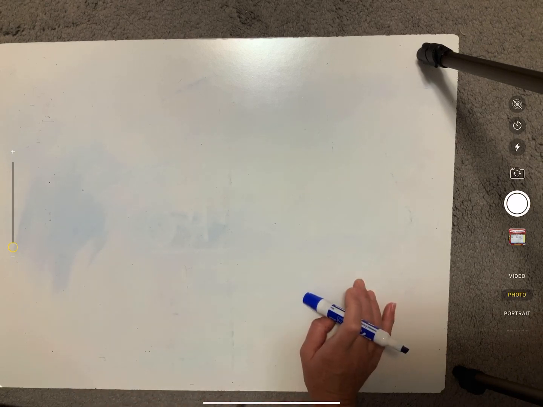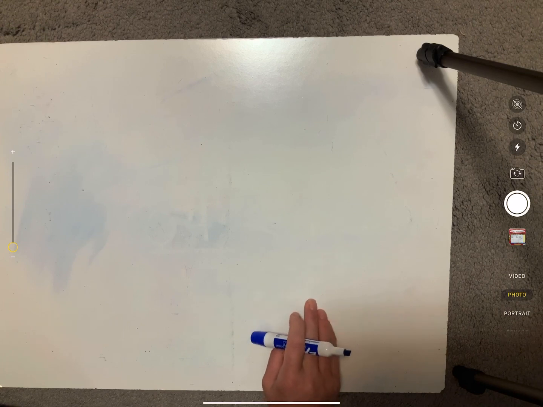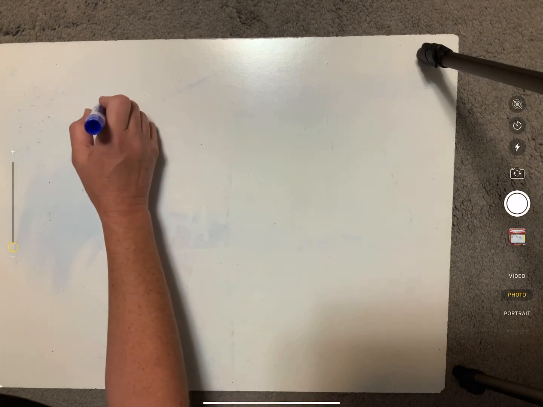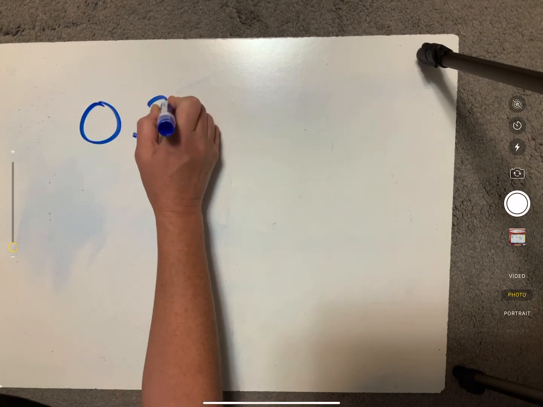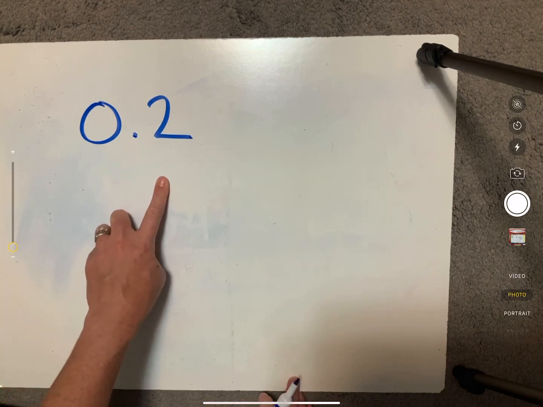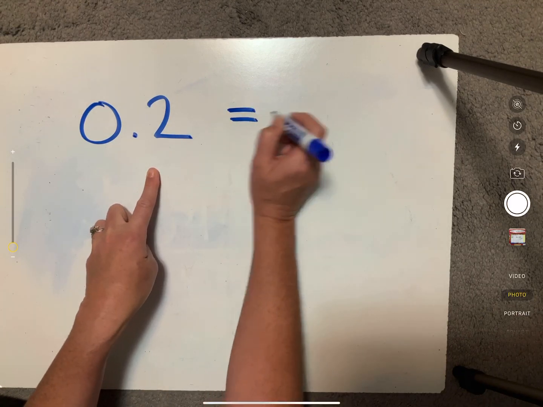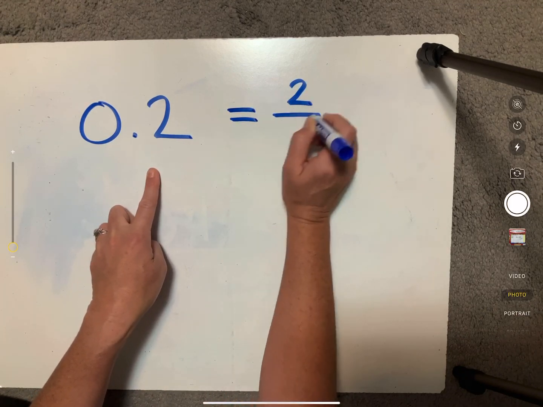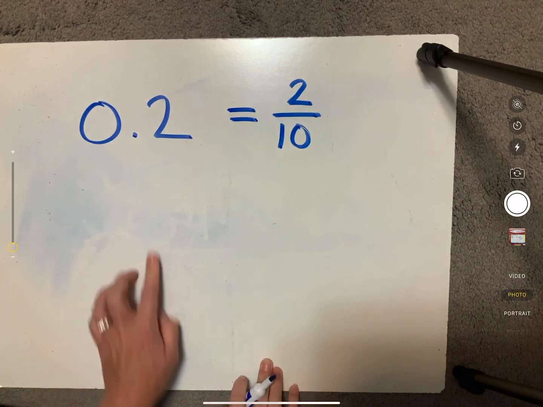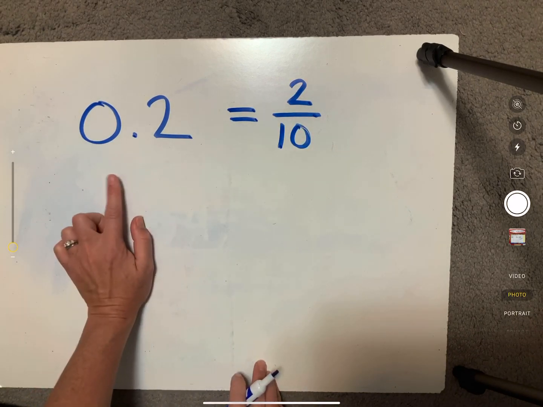Now, one tip that I have for you, and this gets us a preview into what we're doing later. If we have this number, when we say this number out loud, it would be 2 tenths, right? Which is the same as the fraction 2/10. So if you were to see this fraction, you could write it as this number.